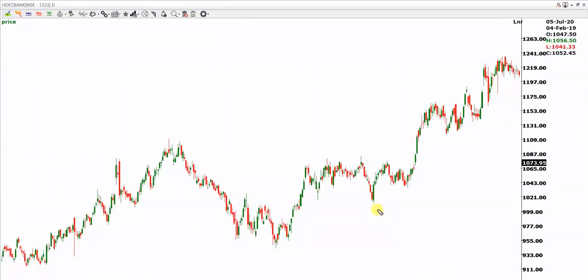So my dear friends, it's all about identifying whether a stock is moving sideways or in a trending move, right? Based on that, you have to go for the trade based on the trading systems. This is in general what I have talked about.